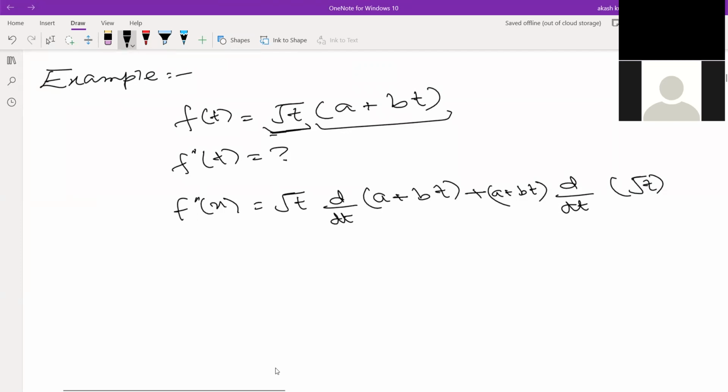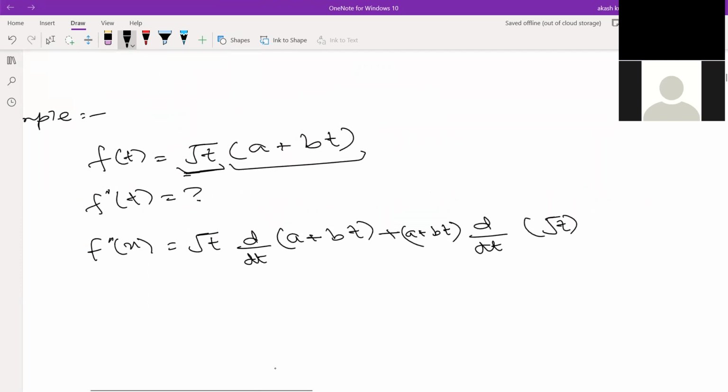Okay, so square root of t, the second step. Now a and b are the constants here, so dA over dt is 0, because the derivative of a constant is 0. There is a b constant, but we have t as well.